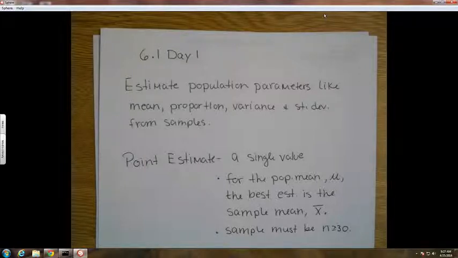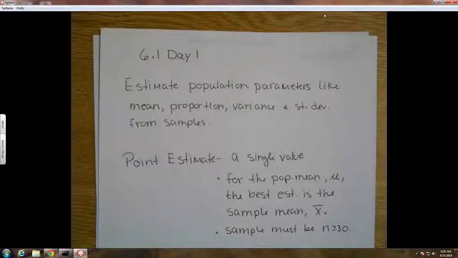What do you think the chances are that my average of 30 actually hits right on the head the population average of everybody in high school? Not likely, but is it going to be pretty close? Probably, because of the central limit theorem, because it narrows that graph up so much. The chance of hitting it right on the head is very slim, but having it be pretty close within a range, yes. So our whole goal today is to do a range.